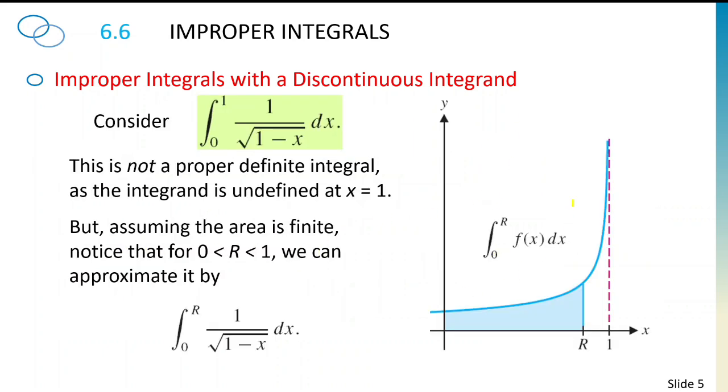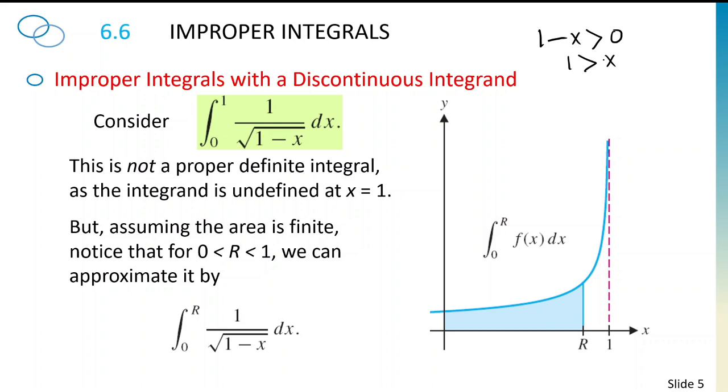Let's take this example. Consider this integration for 1 over the square root of 1 minus x. If we think about the discontinuity, we need this to be defined, so I need 1 minus x to be greater than 0, which means 1 should be greater than x.